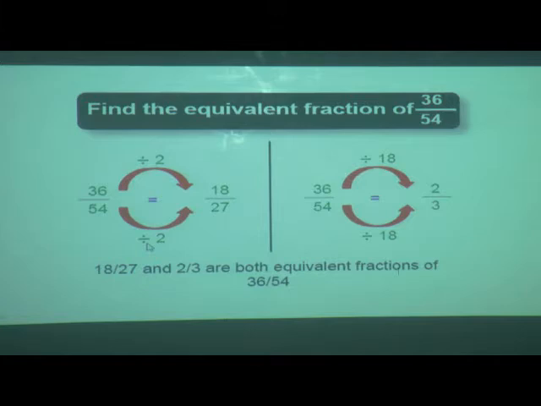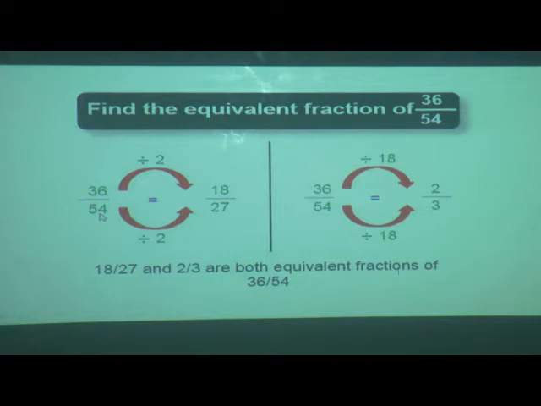In the previous sum we did multiplication in the denominator as well as the numerator. Here we did division in the denominator as well as in the numerator. The fraction we got is 18 upon 27.